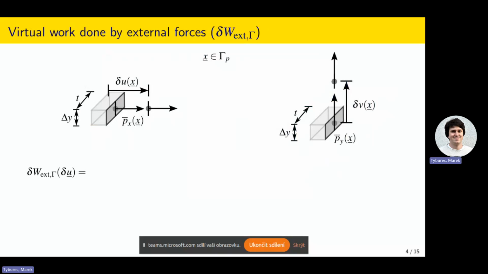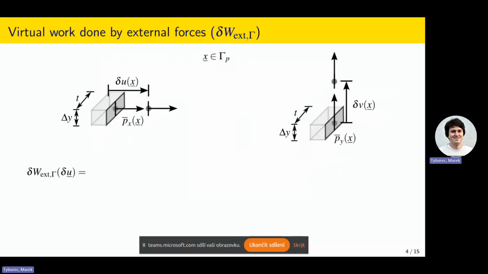Again, we have some kind of virtual energy, an external energy produced by external forces, but now on the boundary gamma p. And again, it's a function of this virtual displacement. Just to be sure, I should have underlined: it depends on the virtual displacement in this direction, but also the other one.